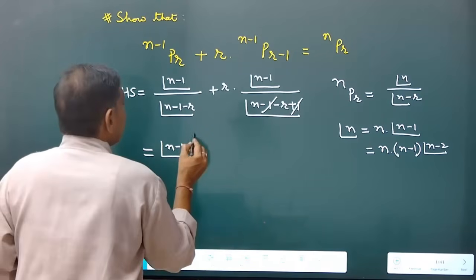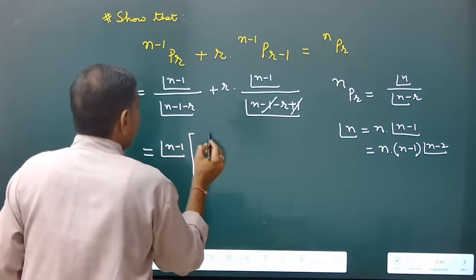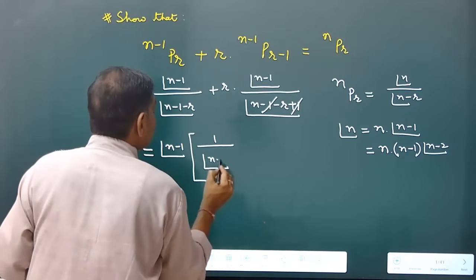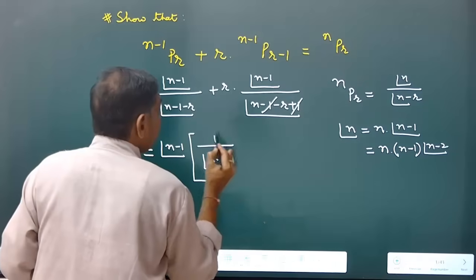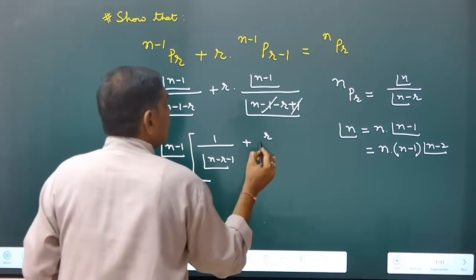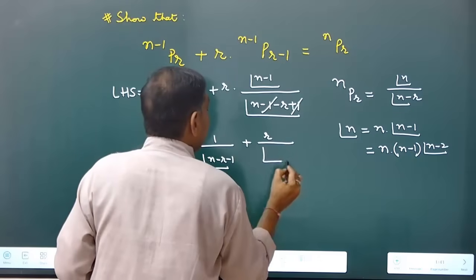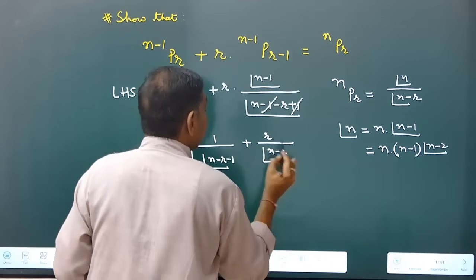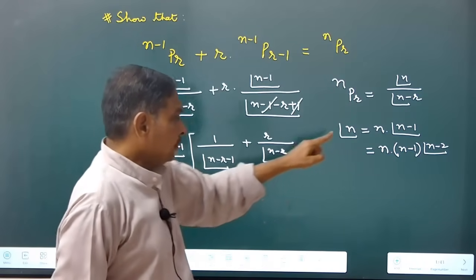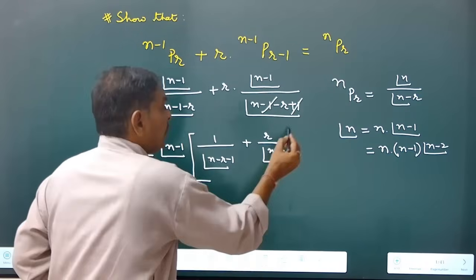Now what will be in the bracket? 1 upon factorial n minus r minus 1 plus r upon factorial n minus r. Okay. Now factorial n minus r, using this formula, how can we write?